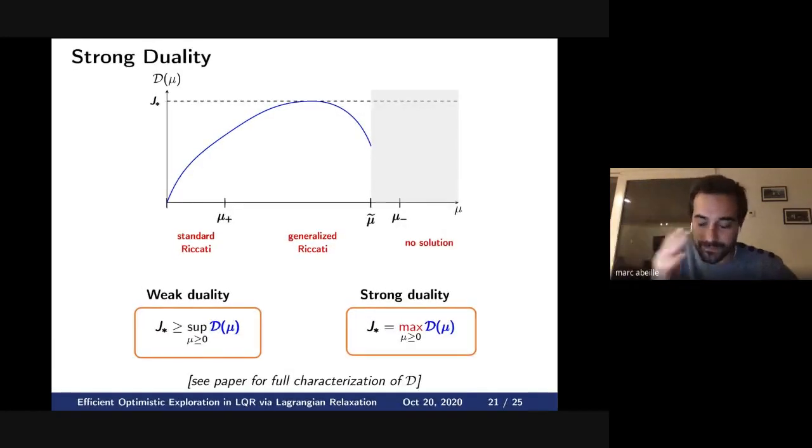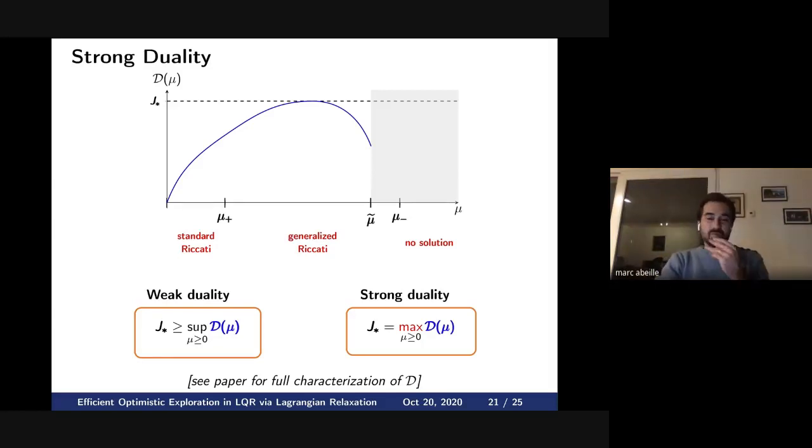Not entering into the detail, you can have a look at the paper. We have this full characterization of the dual function, its behavior close to the border of the domain, its smoothness and all those properties, and it ends up with the algorithm that addresses all those cases.